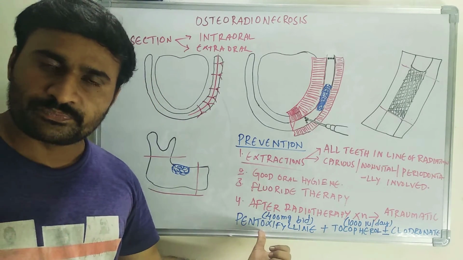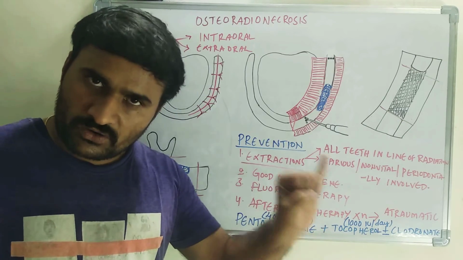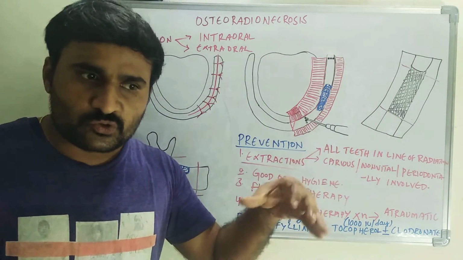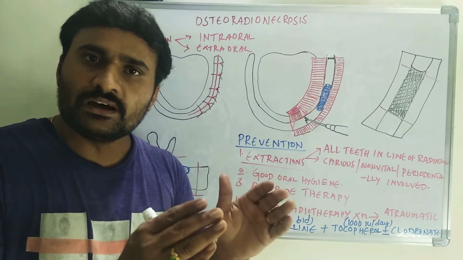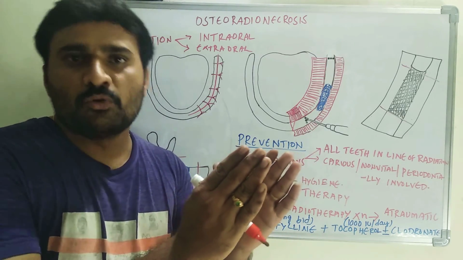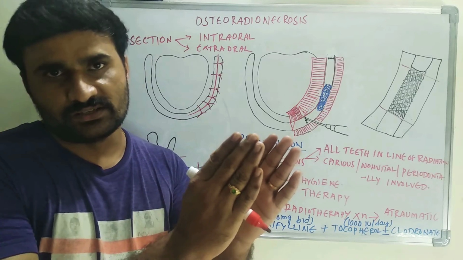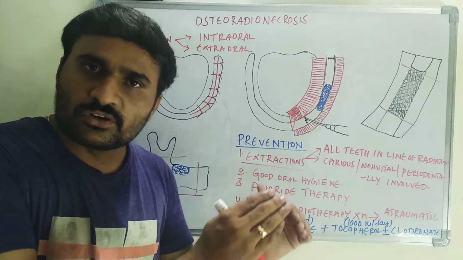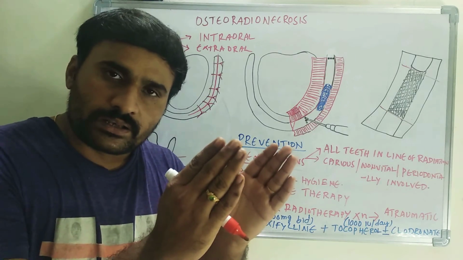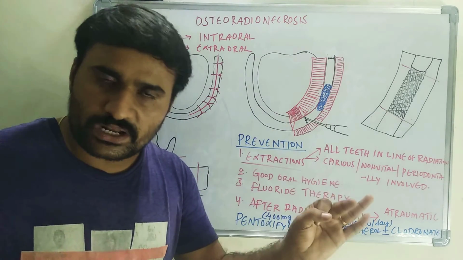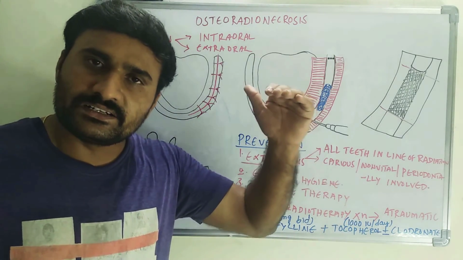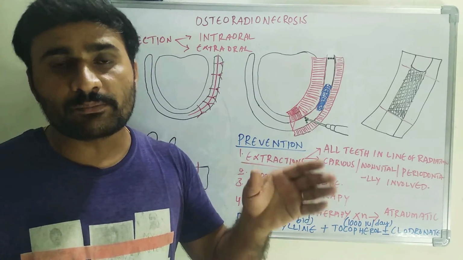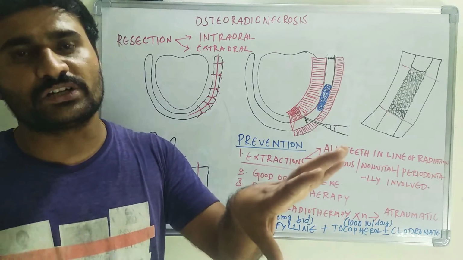Pentoxifylline is an antioxidant and it promotes the blood to freely circulate within the thrombosed vessels or narrowed vessels. Right? It promotes the blood circulation freely in the narrowed vessels, and it is a vasodilator and it inhibits fibroblast proliferation, thereby acting as an anti-fibrotic agent.